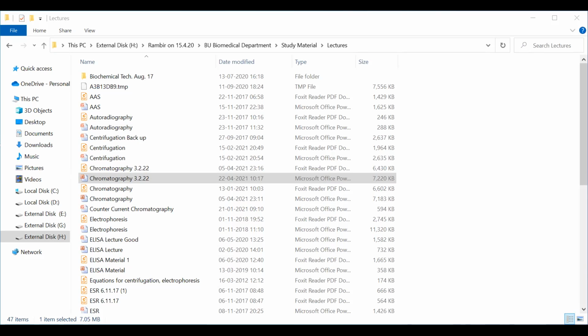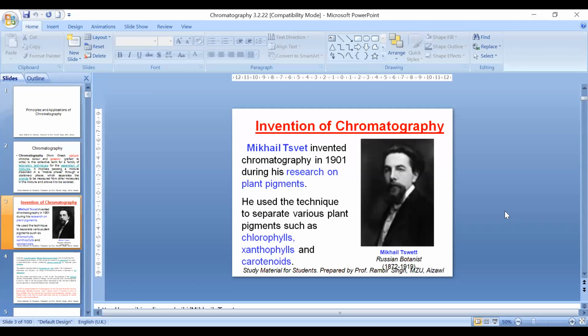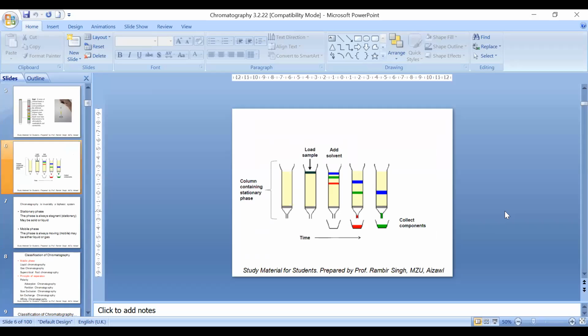Sir, the one whose absorption potential is more. Already you have your colors on the screen. Sir, I am not able to see it. What are you not able to see? You have shared the screen, but I can see only the... I shared it again. Can you see it now?